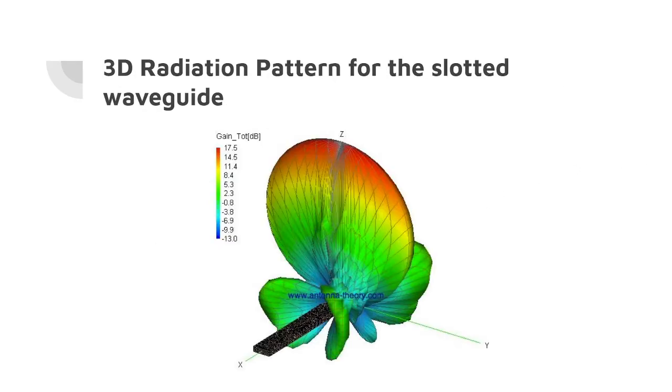You can see here in the XZ plane, also called the H plane, the beam width is very narrow, about 2 to 5 degrees, and in the YZ plane, also called the E plane, the beam width is much larger, obtaining more of a pencil-type beam using slotted waveguides.